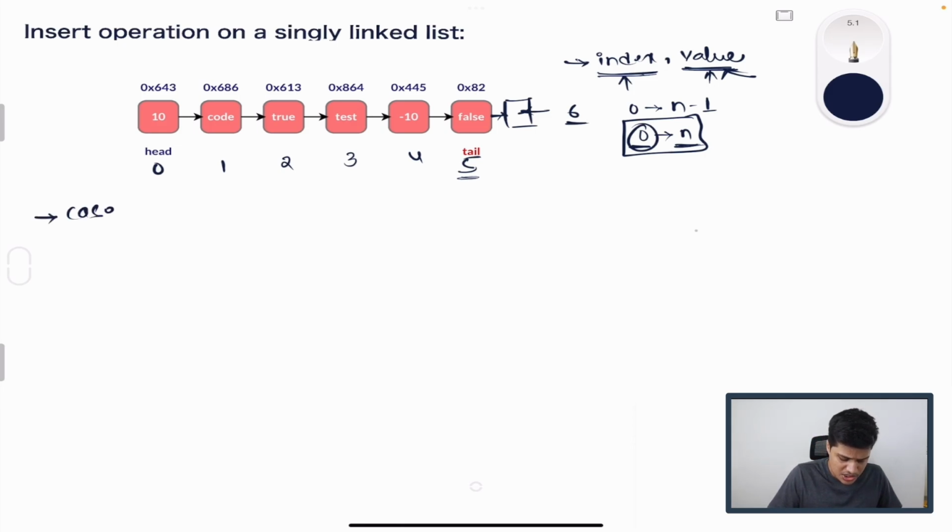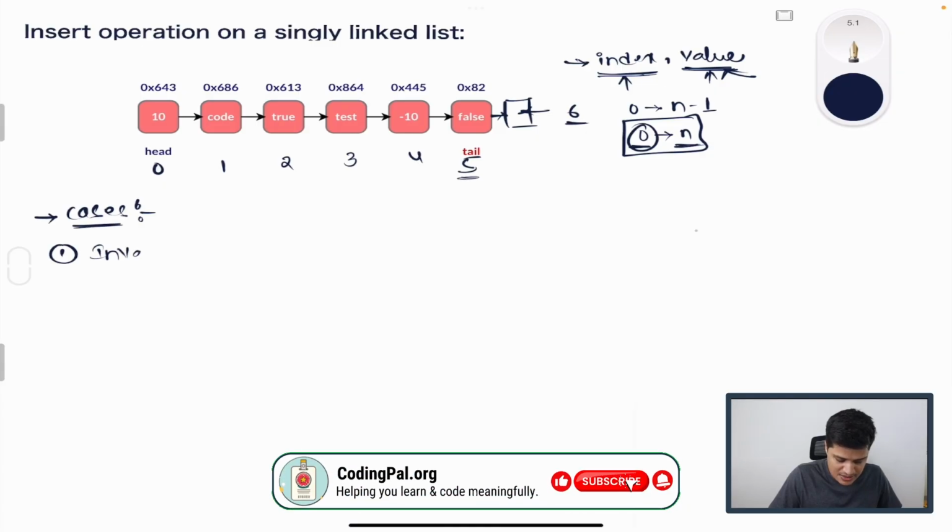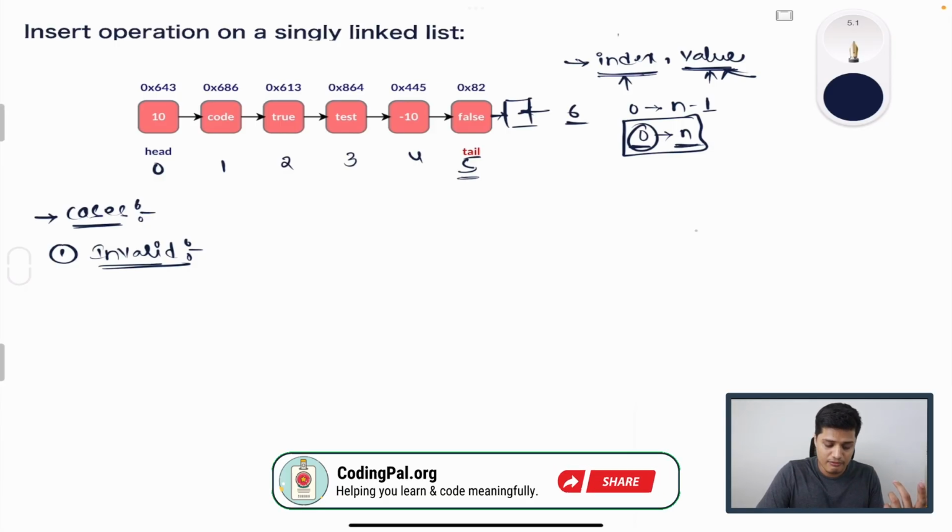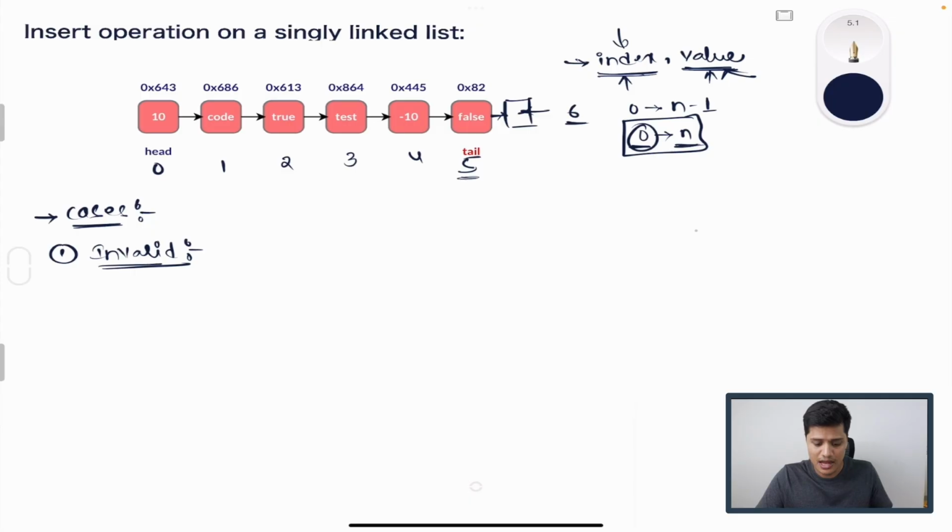So the first check would be to check if the index that the user has passed is an invalid index or not. Index is nothing but an integer value, so the user can pass negative values, and values greater than the length of the singly linked list. In those cases, we will not be able to insert a new node into the singly linked list.